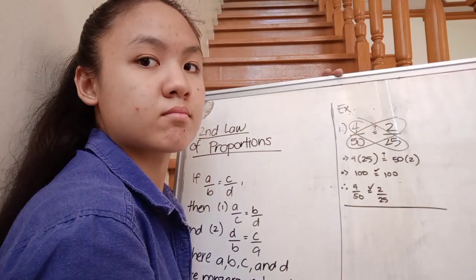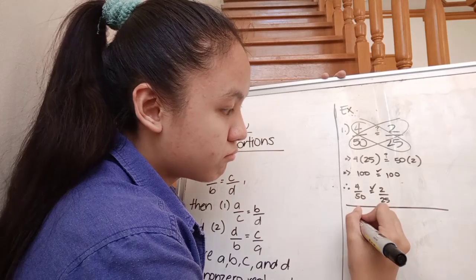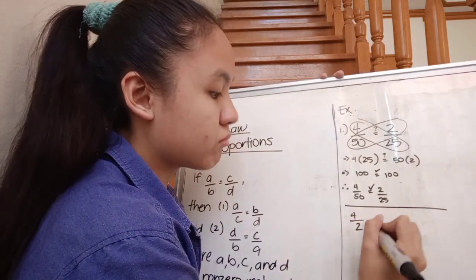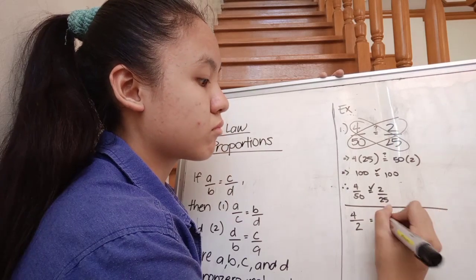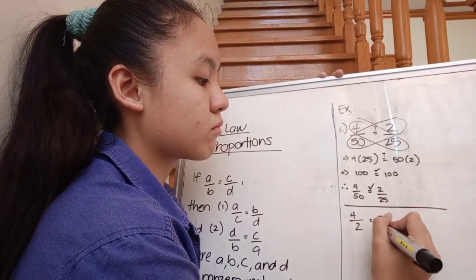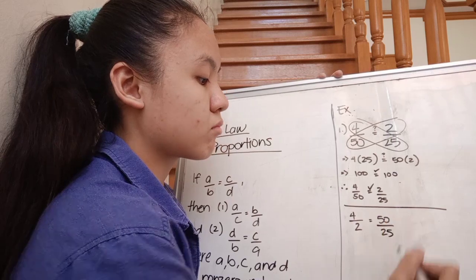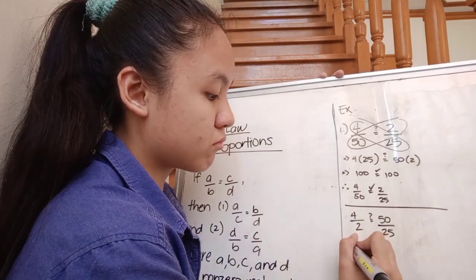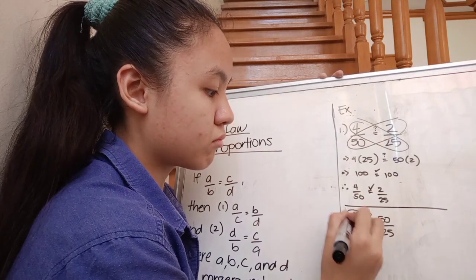But what if we use the second law of proportions? So, 4 over 2 is equal to 50 over 25. In this case, we switch the means.